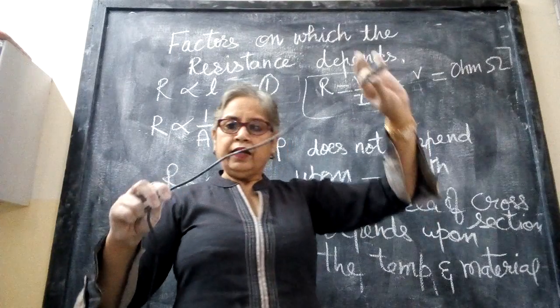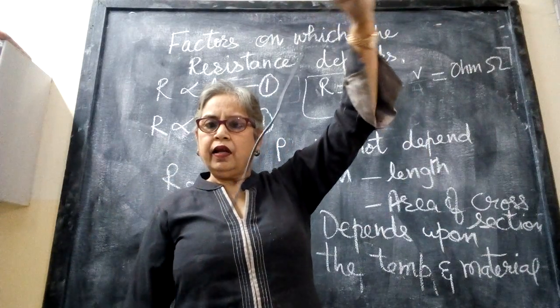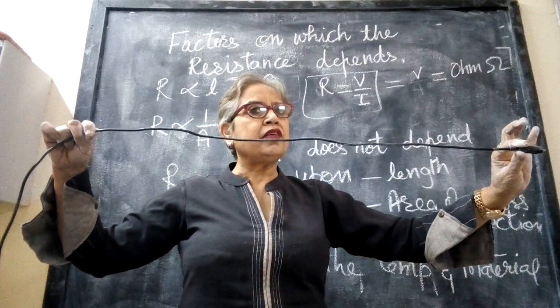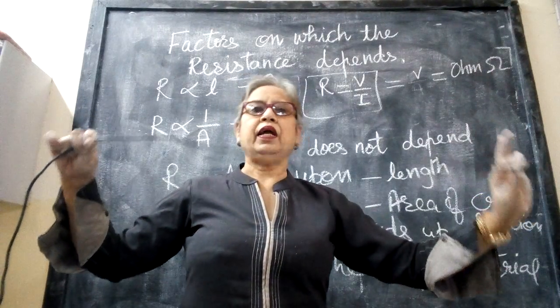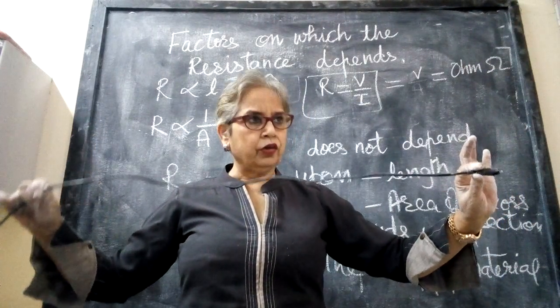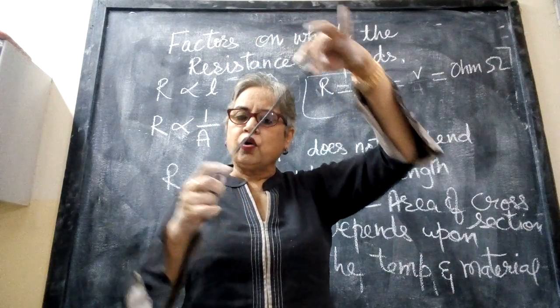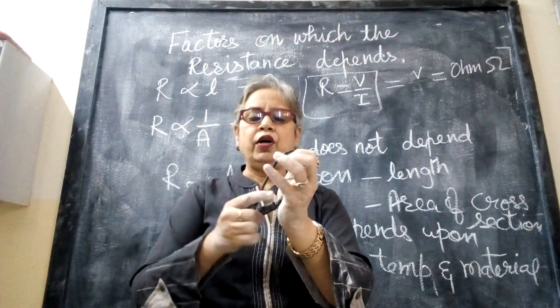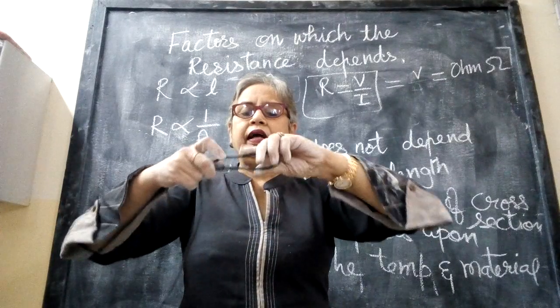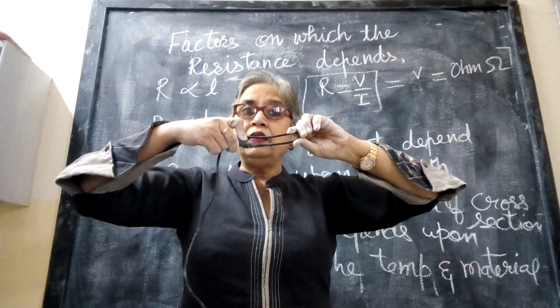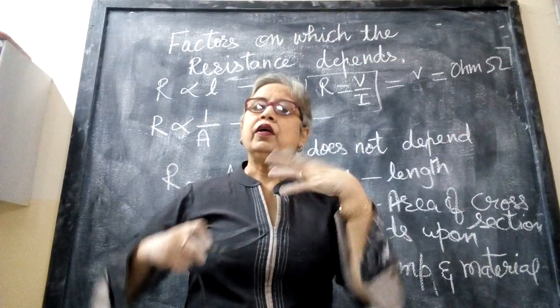Okay. Now I say that I have increased the length of this wire, doubled. Now what will happen to its resistivity? It will again remain same rho. Okay. Then I say that this is a wire with resistivity rho and I fold it. Now its length has become half, area has become double. Then what is its resistivity? No change.